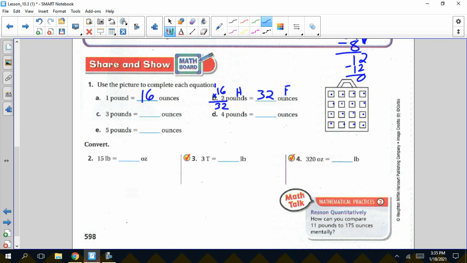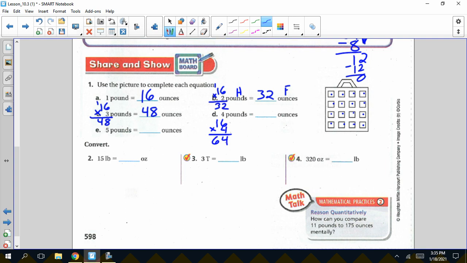You can do the same thing for 3, or you could add 32 ounces for 2 pounds plus 16 more. We're just going to go 16 times 3, and we're going to get 48. So 3 pounds is 48 ounces. 16 times 4, which we did on the last page, is 64 ounces.